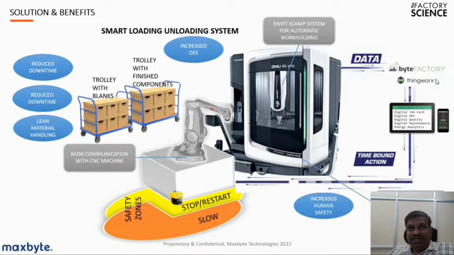Once the target production is not achieved, the command is sent to the robot, and the robot will not stop functioning. It is going to continue to operate till the actual production is achieved. And since the ByteFactory and ThingWorx platform give continuous data, we will be able to achieve the OEE.